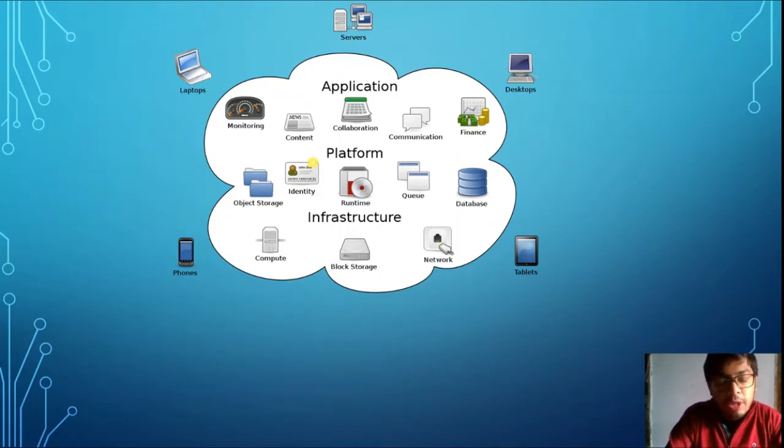Monitoring, content, collaboration, communication, and finances are called applications, but in cloud terms it is called software as a service, SaaS. And we can use cloud computing anywhere, anytime, from a tablet, desktop, server, laptop, phone, etc.